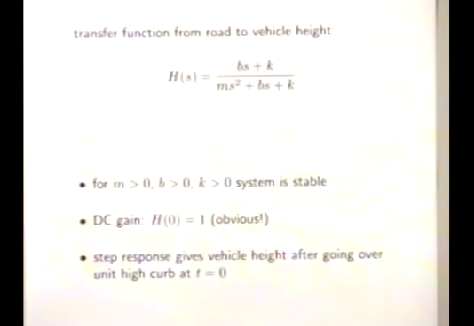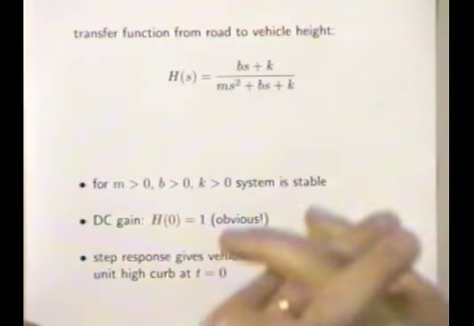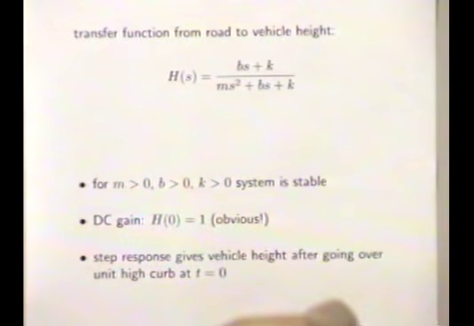Actually, that's completely obvious physically. If you have an auto and you run over a bump, like a curb, that's basically a step input. It hits the curb, and it bounces up and down depending on the damping and all that kind of stuff. But eventually it settles out to a height above the road that's equal to what it was before, unless you hit it so hard that you actually have plastic deformation in your suspension system.